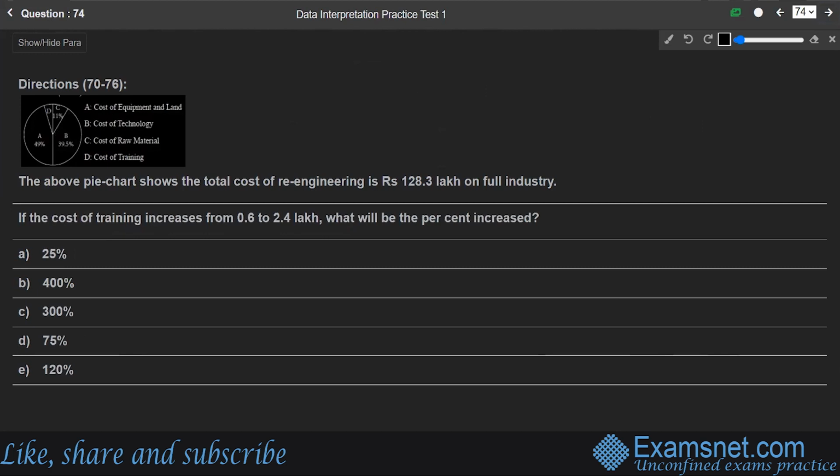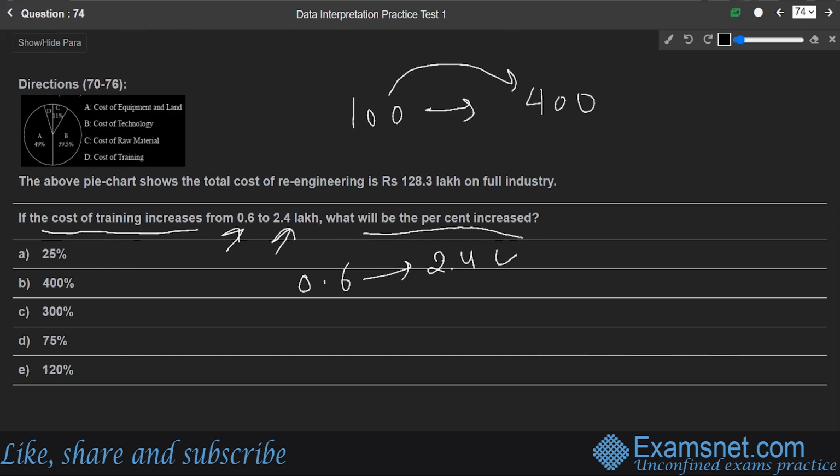Now, for the same pie chart, the question is: the cost of training increases from 0.6 to 2.4 lakhs. What will be the percentage increase? As we discussed in the last question, whenever a value increases from 100 to 4 times, that is 400, the increase of 300% occurs. 400 minus 100 is 300%.